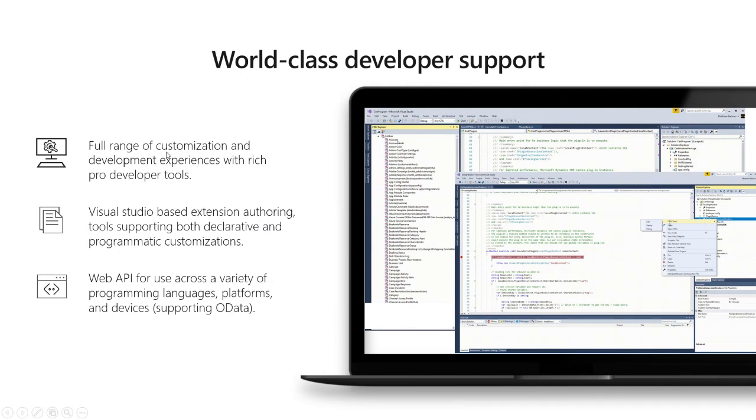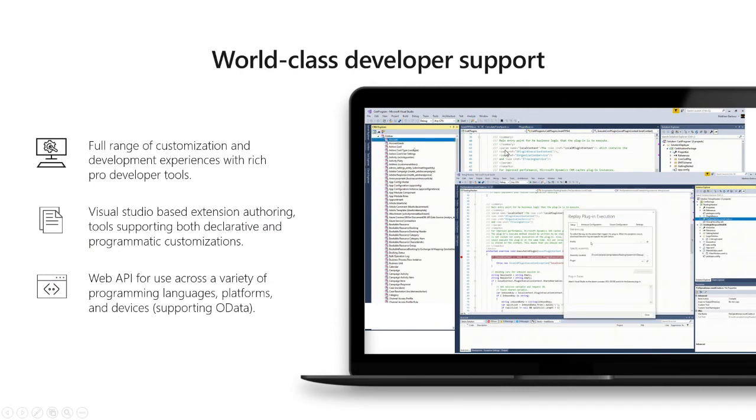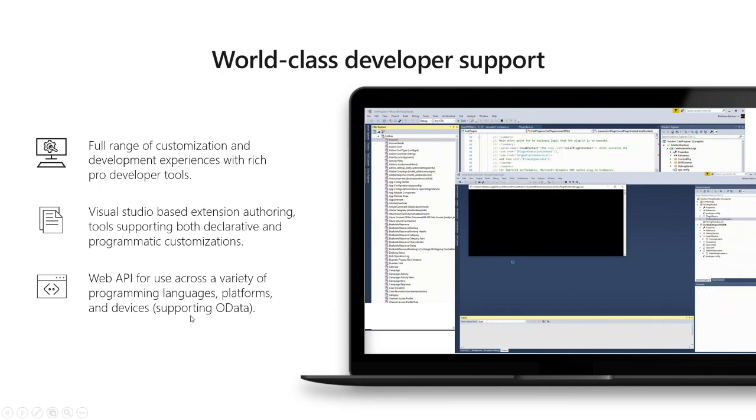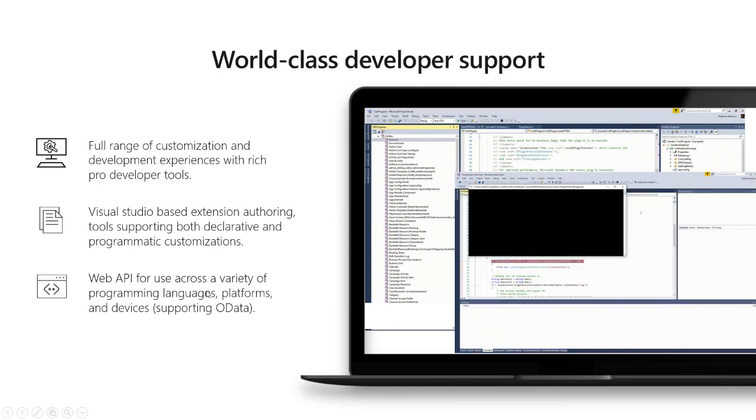This is an example of using Visual Studio to create a plugin and do some advanced business logic in the system. The platform itself supports the web API, so there are web APIs available for you to use from the system.